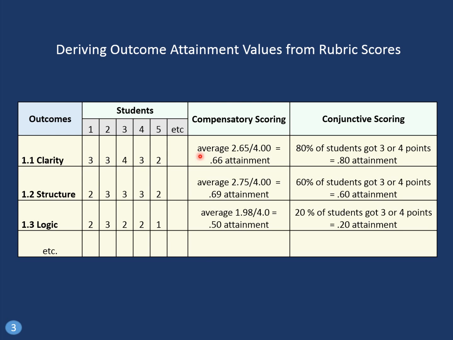And then conjunctive is if you feel that all the students need to achieve a certain proficiency point, then we might want to accept only 3s or 4s from the rubric, and that would be then the percentage of students that got those scores. So in this case, these 4 students received at least 3 or 4, therefore 80% attainment of those 5 students, right? Yep. That's the conjunctive. Okay.